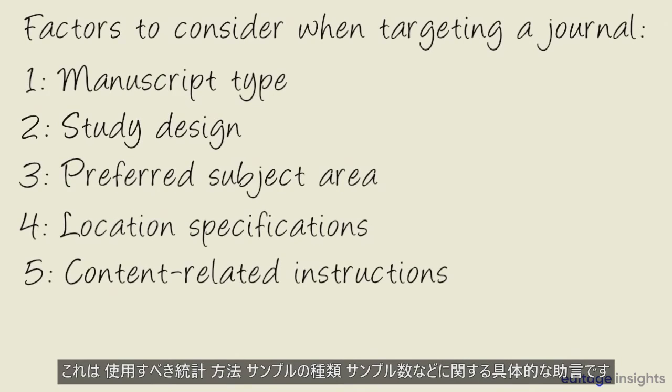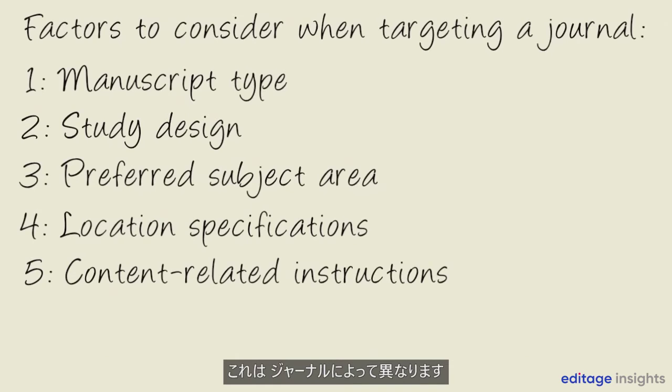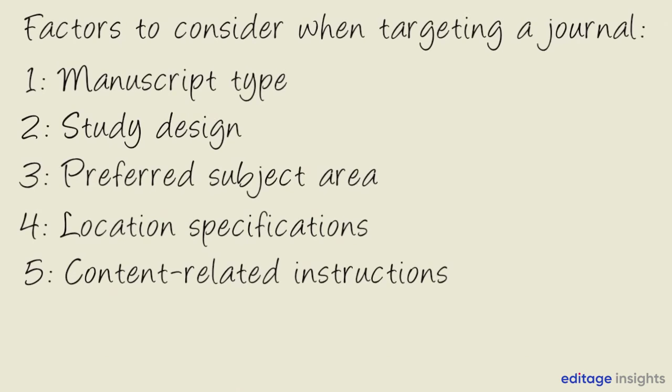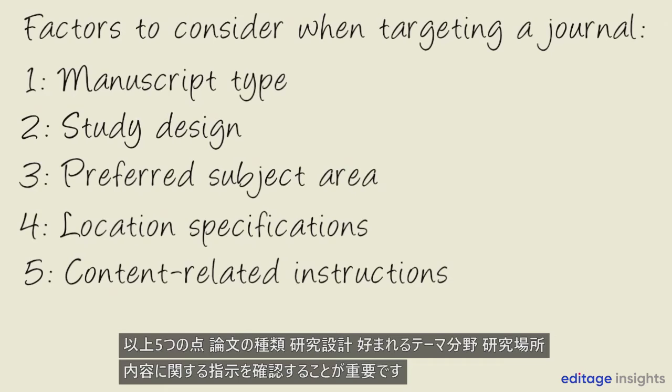By this, we mean specific advice on the statistics you need to use, the methods, the sample type, the sample size, and so on. This could vary from one journal to another. So these 5 factors, namely the manuscript type, the study design, the preferred subject area, the location, and finally the content-related instructions, are important to check.